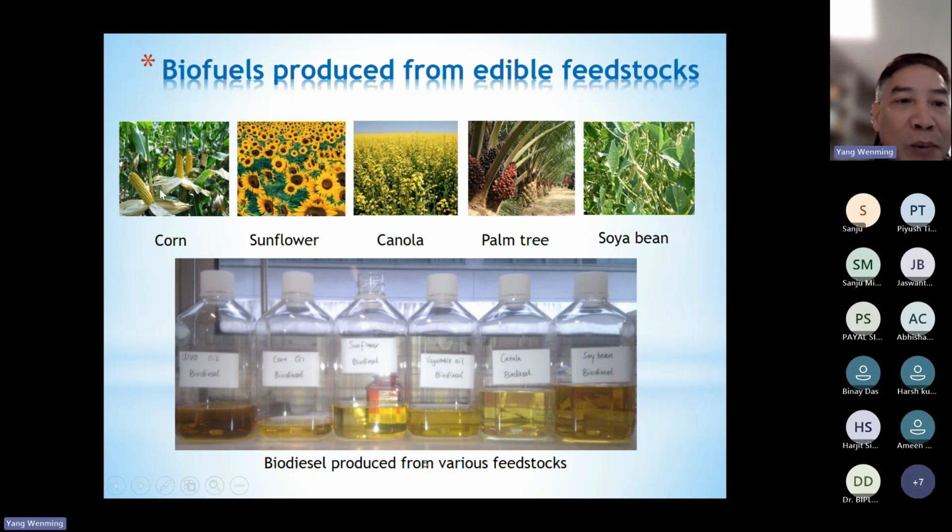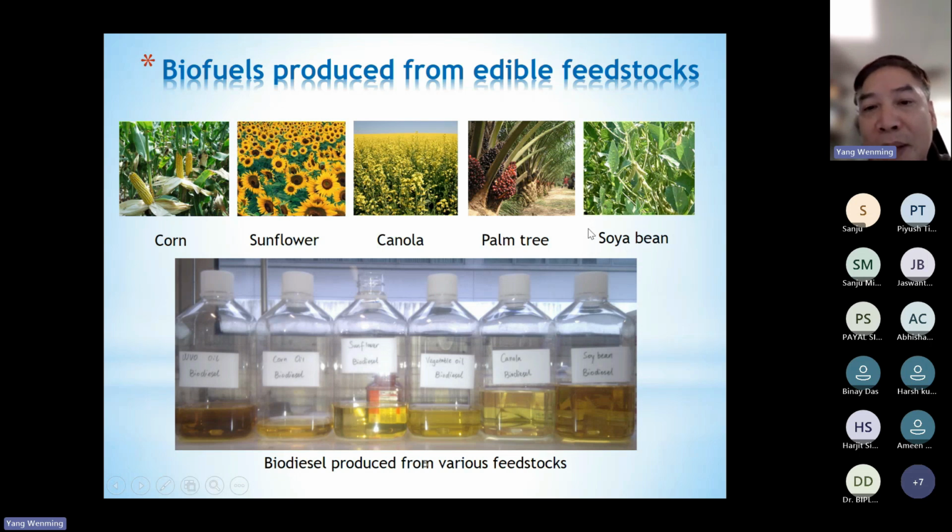For example, biodiesel from coal oil, sunflower oil, canola oil, palm oil, and soybean oil. So here we show the biodiesel produced from various feedstocks.